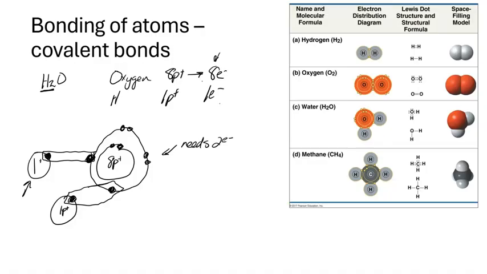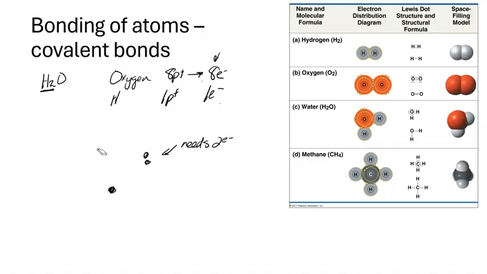It's the case that some atoms can form up to 4 covalent bonds, right? Carbon is able to form 4 covalent bonds. Why is this? Because if you think about carbon and its 6 protons, it has 6 electrons. Well, what does 6 electrons look like if we draw the Lewis dot structure?